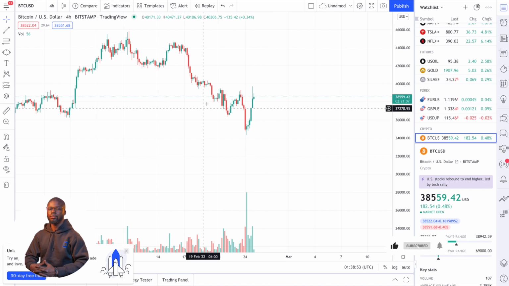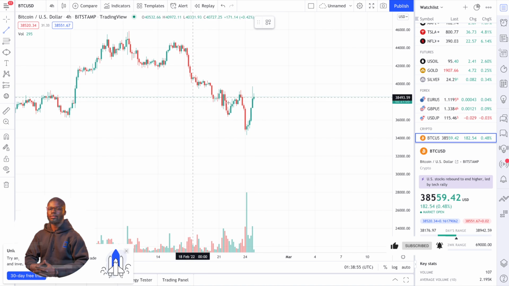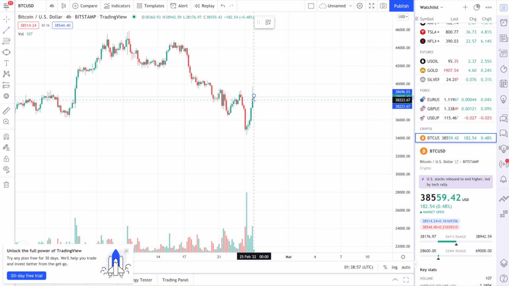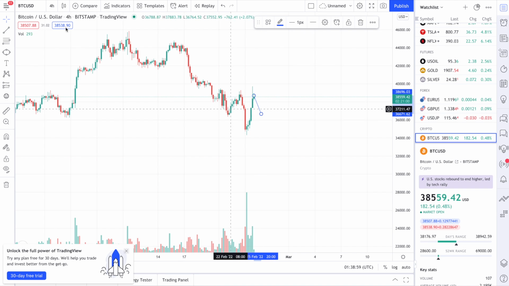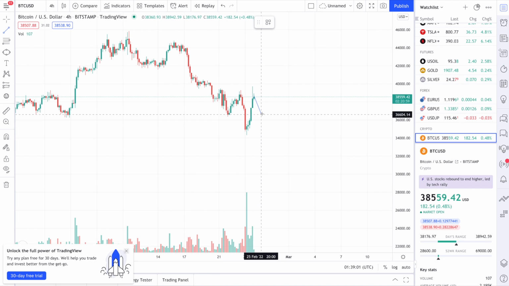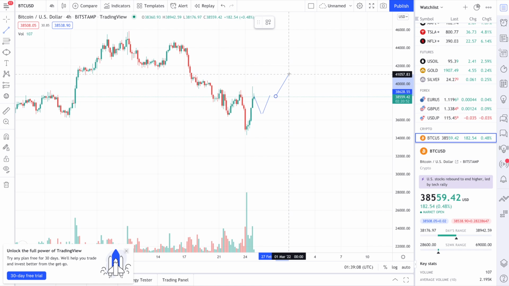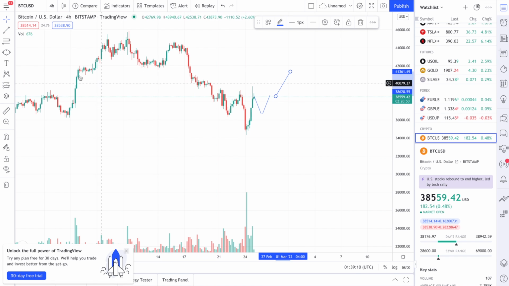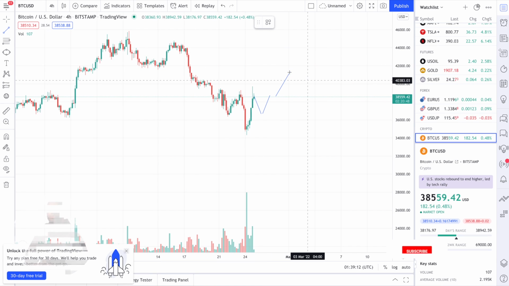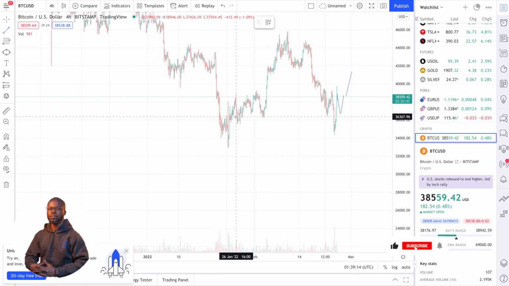So there may be like a range, but I'm just seeing the possibility, because this resistance is quite tough. So there could be something like this that could happen. Just a pop back. And from here anything could happen.